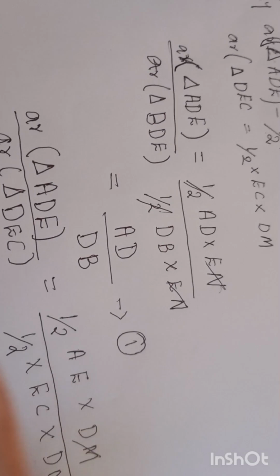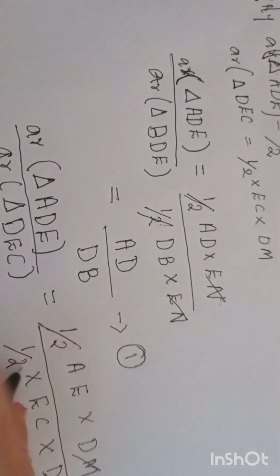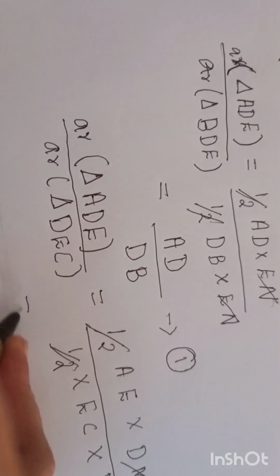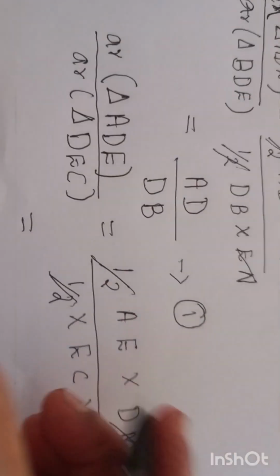So this DM and this DM will cut off and this half will cut off. So what will you get? Remaining, we get AE by EC, equation number 2.